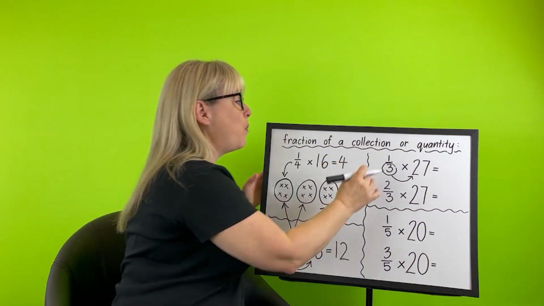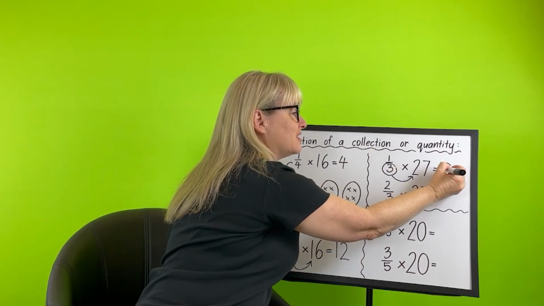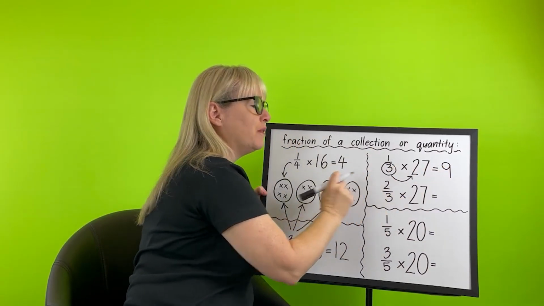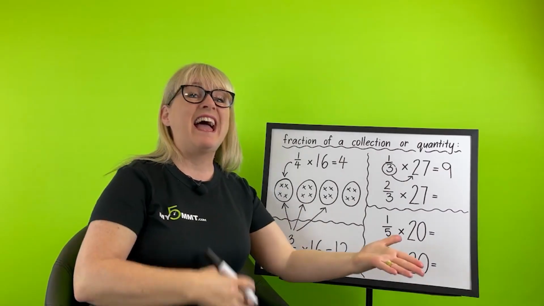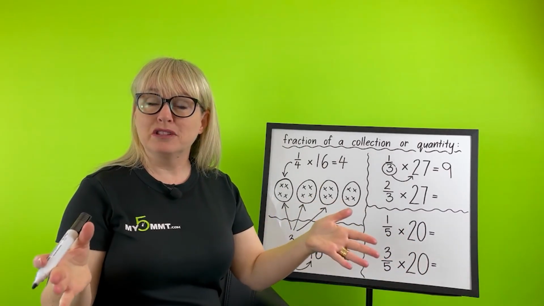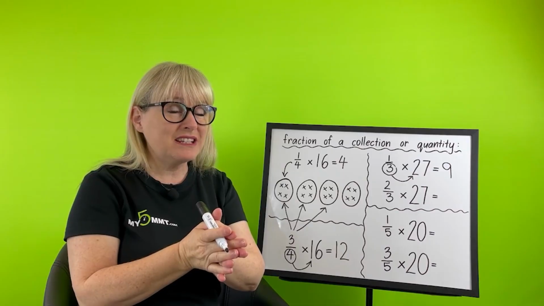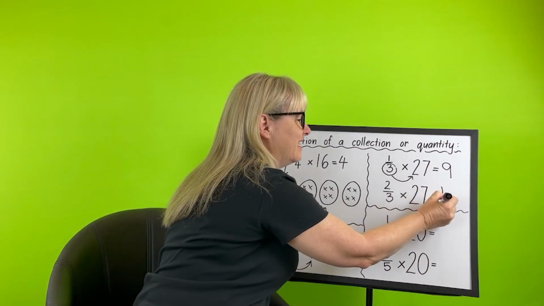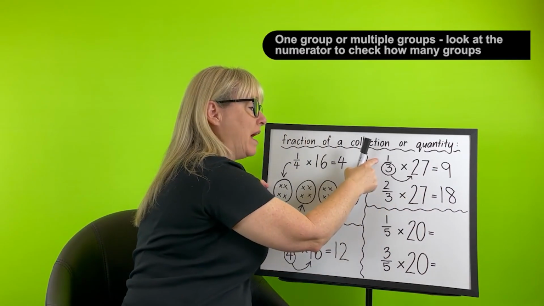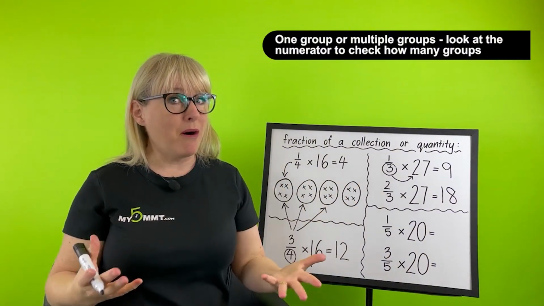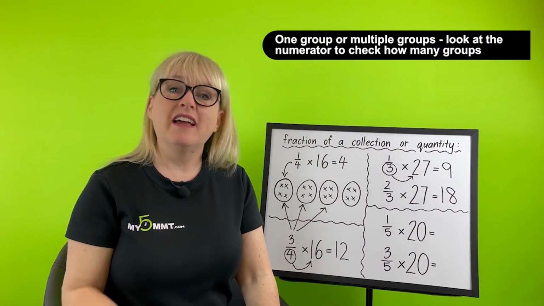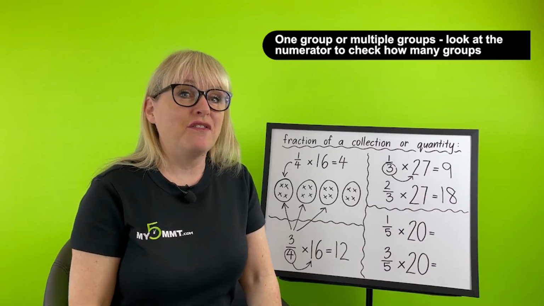So I know that one of those groups is just 9, but 2 of those groups would be a 9 and another 9. I multiply or I add those 2 groups together and I make 18. So we can work out one group or we can work out multiple groups when we're working out a fraction of a collection of objects.